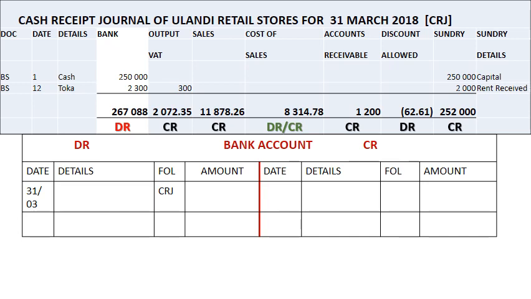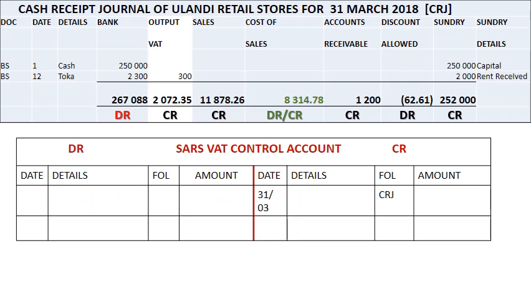Under the details, we will be writing total receipts because these are the receipts for the month. Then under the folio, we show that entries were recorded in the cash receipt journal, with the total amount under the amount column as was calculated in the cash receipt journal. We have posted the debit side of the CRJ.